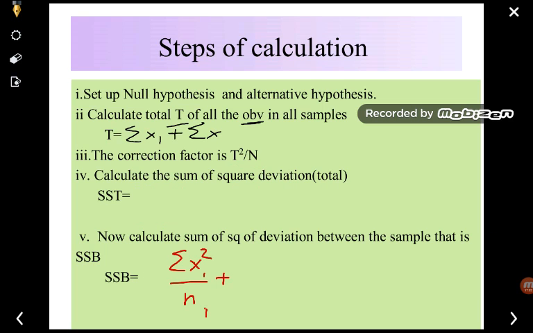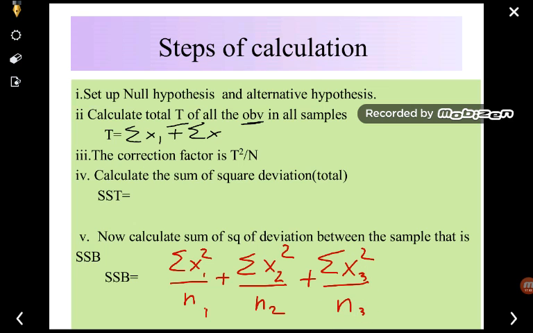So in order to find the SSB, we do it this way: summation of x1 whole square by n1, the first sample's number of observations. Next is summation of x2 whole square by n2, plus summation of x3, the third variable, whole square divided by n3.